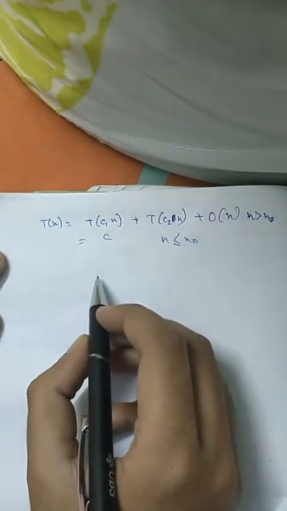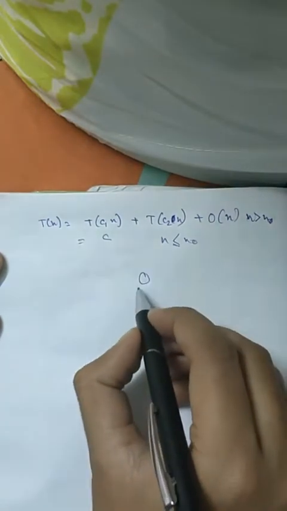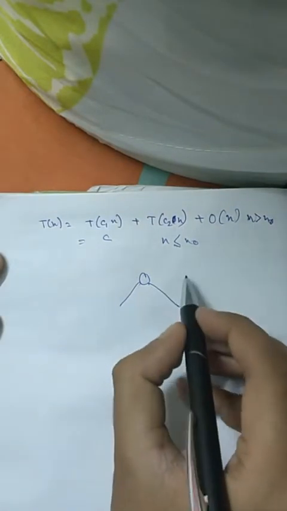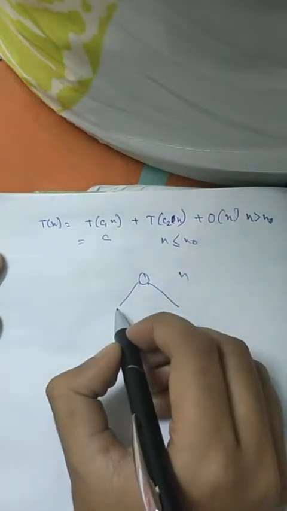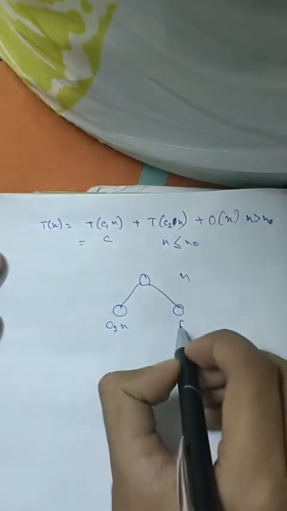So what happens is that we can draw a binary tree and do the analysis for this. So let's write order n as n. We divide it into two parts, that's c1 n and c2 n.